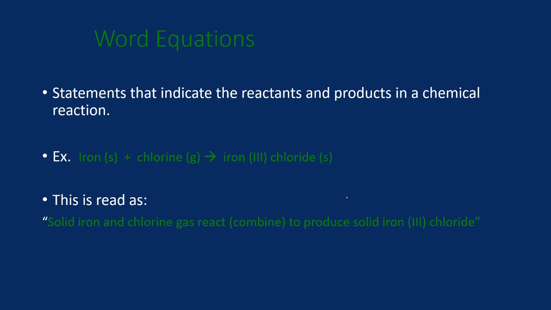Next, coming to word equations. The statements that indicate the reactants and products in a chemical reaction is called as word equations. For example, if we combine iron and chlorine, which gives you iron chloride, and in a word equation, it's known as solid iron and chlorine gas react or combine to produce a solid iron chloride.